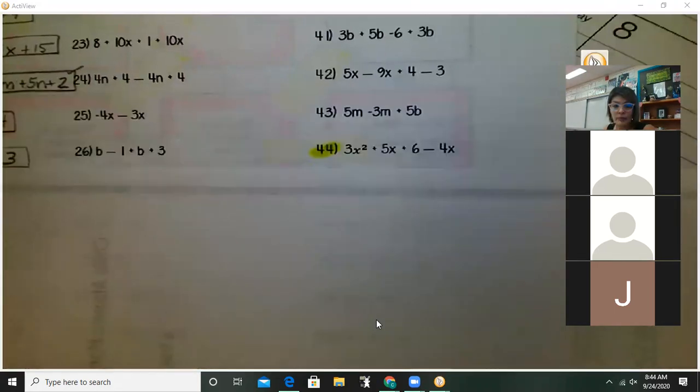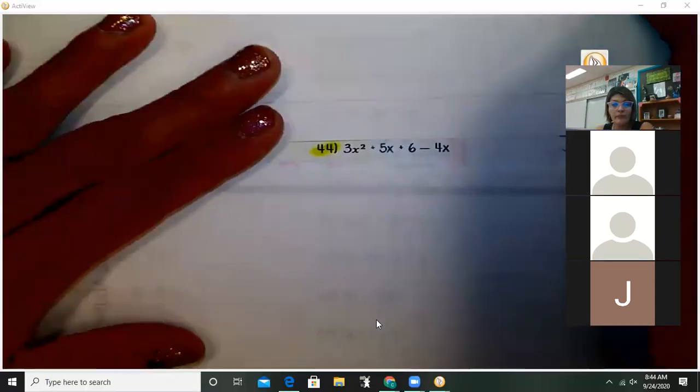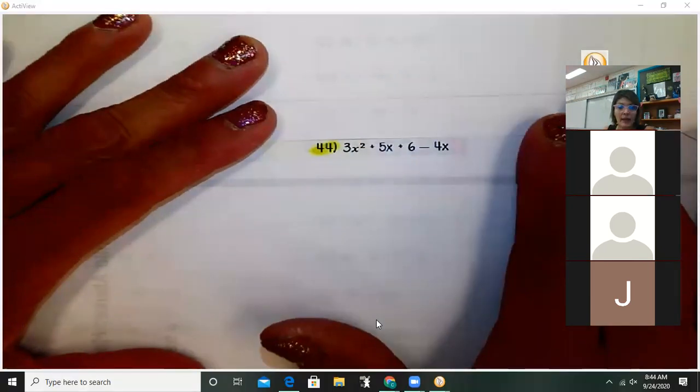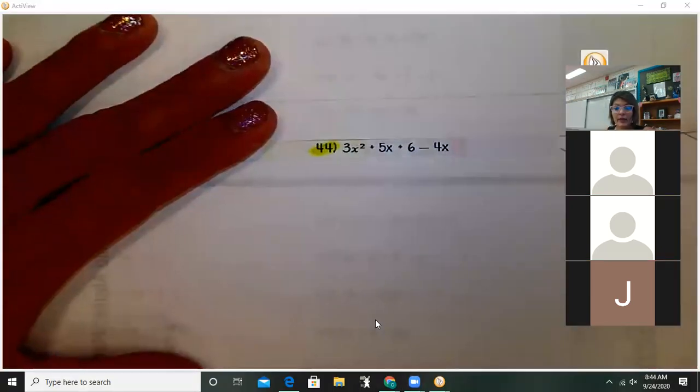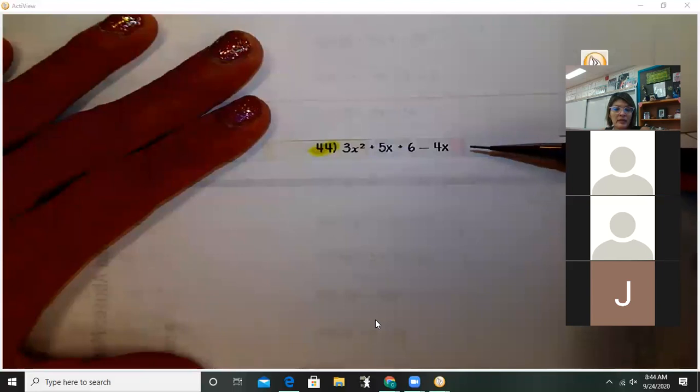So 44 is right here, and I'll cover up these spots. And I am going to take a look at my terms. Now in algebraic expressions, we have terms. We don't have an equal sign, so it's not an equation. So this is an expression.